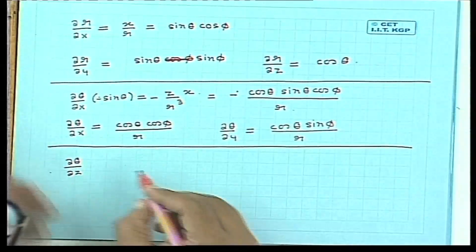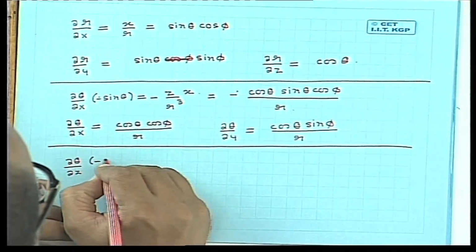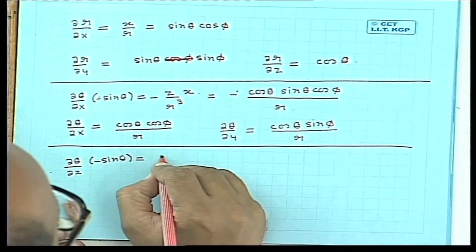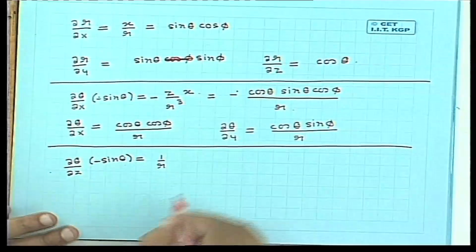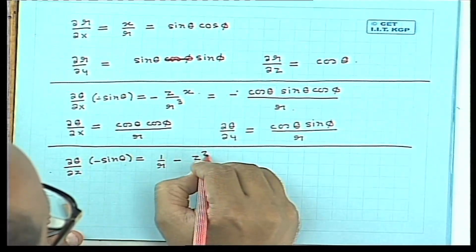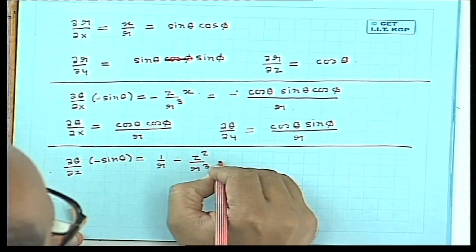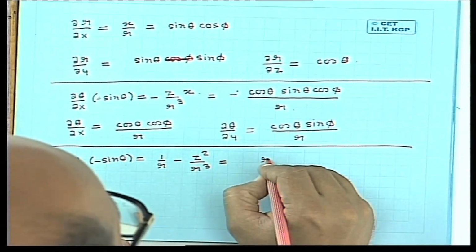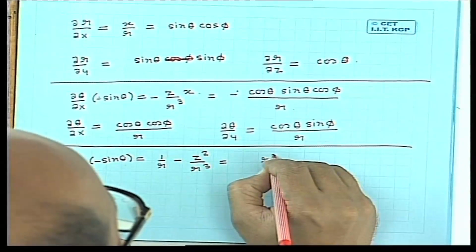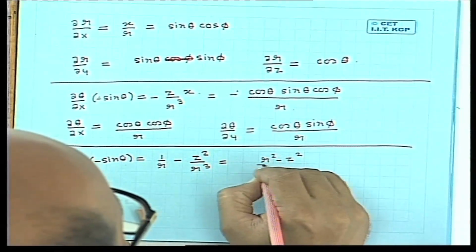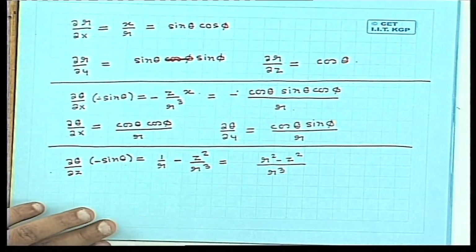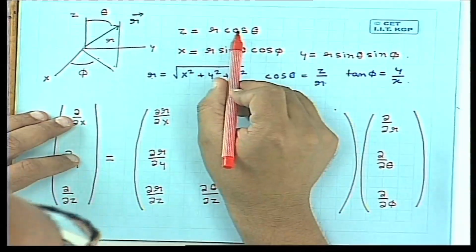So, what we have is this into minus sin theta is equal to, if you differentiate the numerator, you will get 1 by r. If you differentiate the denominator, you will get minus z square by r cube, which is equal to r square minus z square by r cube, and r square minus z square is just sine square theta, because z we know is r cos theta.